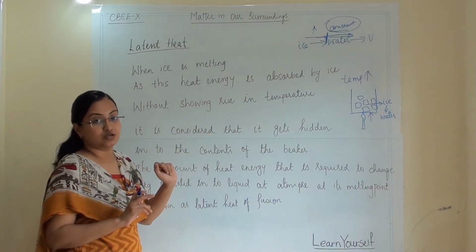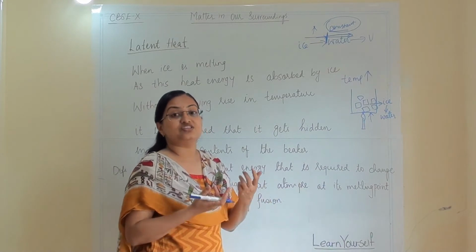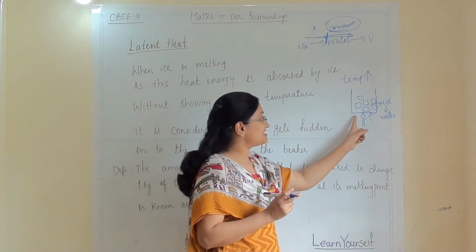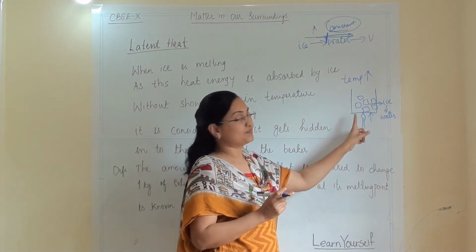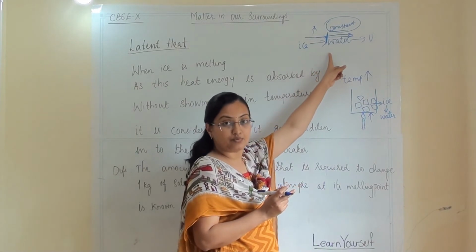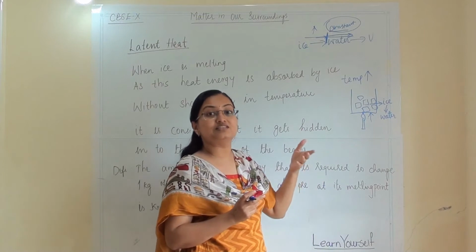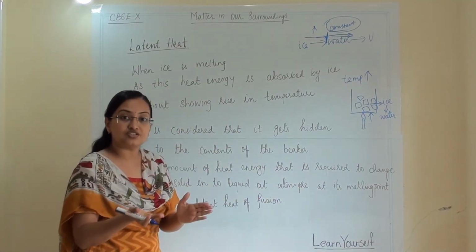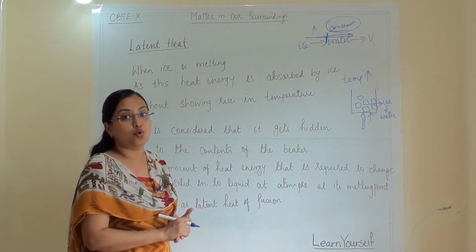remain constant. So the question is where that energy has gone, because we are passing energy continuously. Even after reaching melting point, the temperature should increase, but it is not happening. So now we are discussing why temperature is not increasing and where that energy will go.